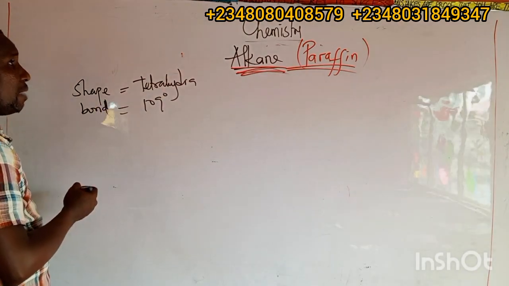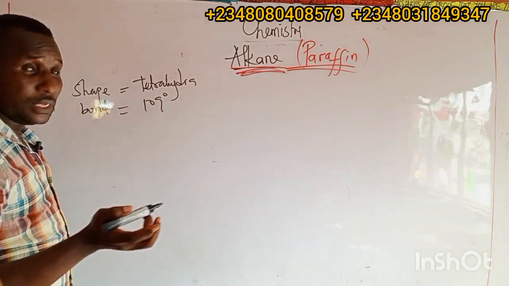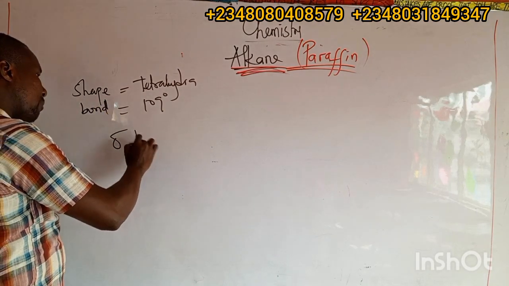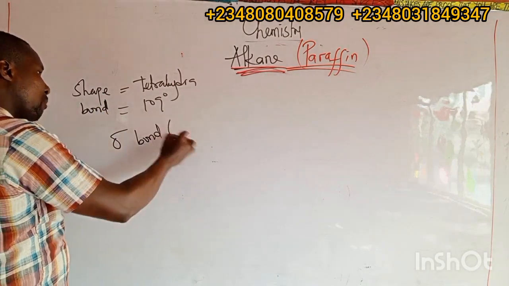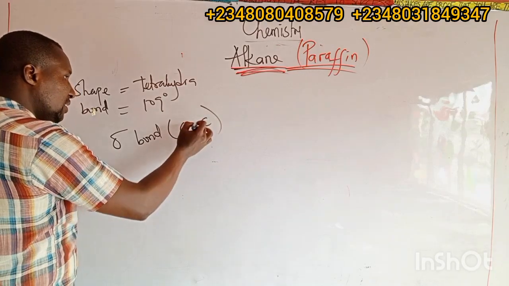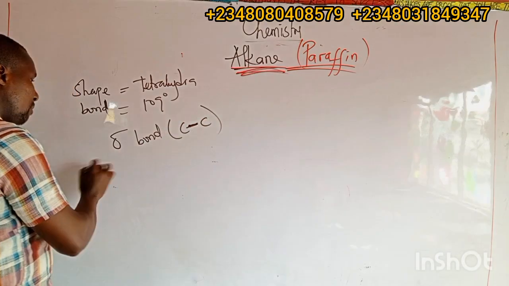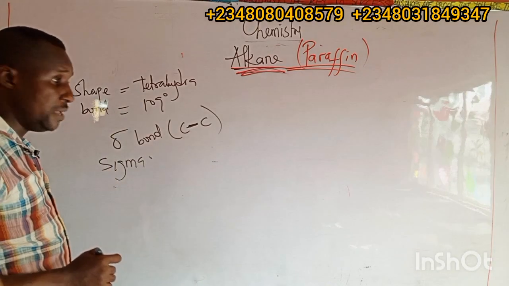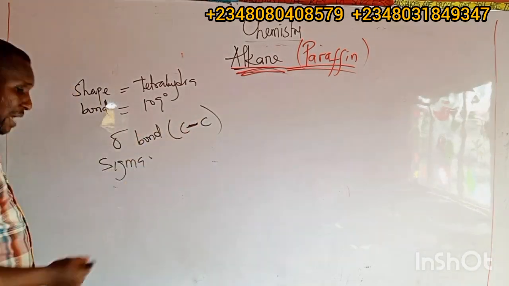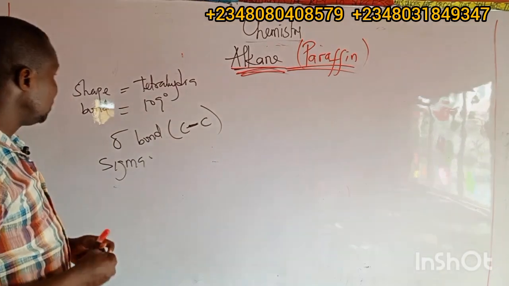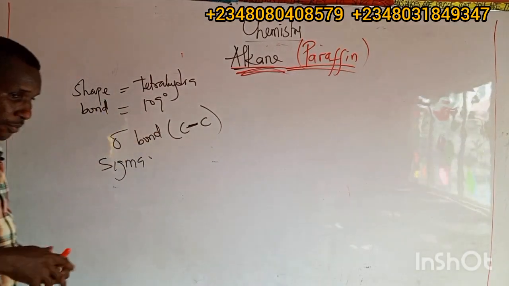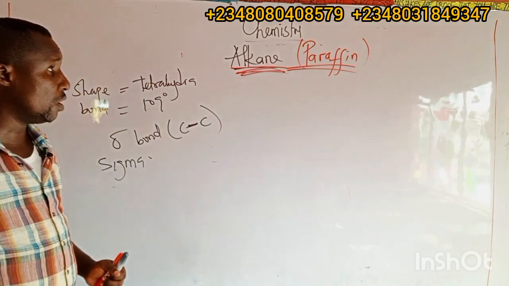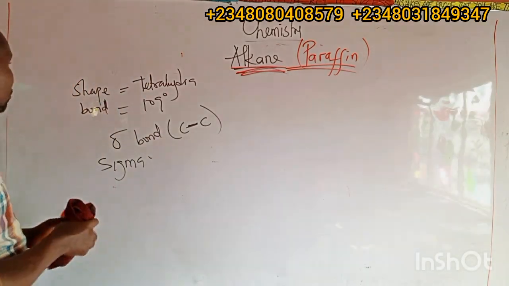And this carbon to hydrogen bond in alkane is a sigma bond. Sigma bond means single bond. When you see single bond, that means sigma bond. When we get to hybridization, I will explain better. Alkane exhibits sigma bond electron. And I told you that methane is also known as marsh gas.